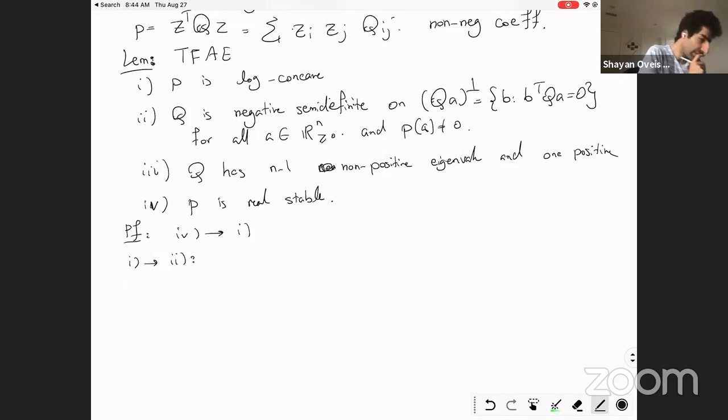The proof will be illuminating. So how would you go from 1 to 2?